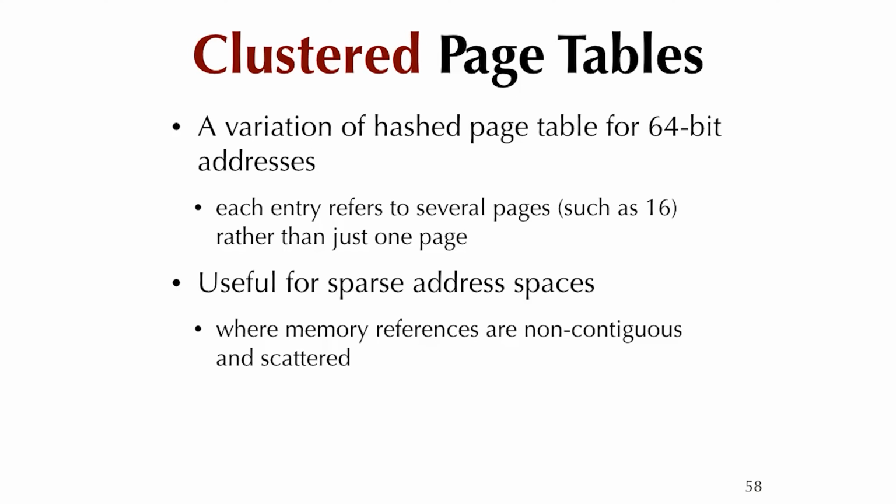Okay, and so this can be very useful for memory references that are logically contiguous but physically scattered all over the place. Okay. And so the clustered page table is a variation of the hashed page table. I didn't make a slide, but I think I can just draw it.